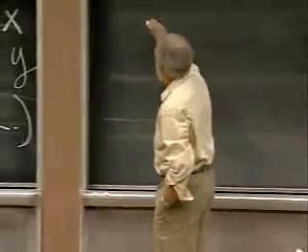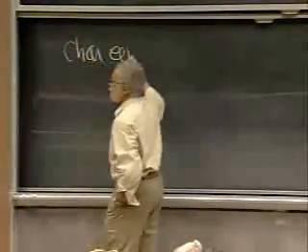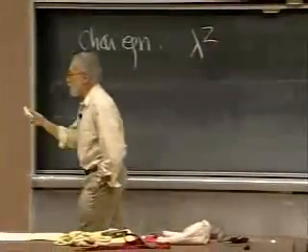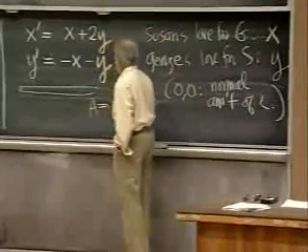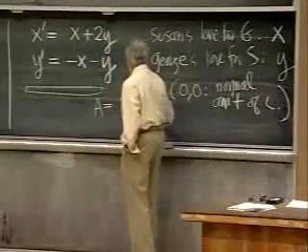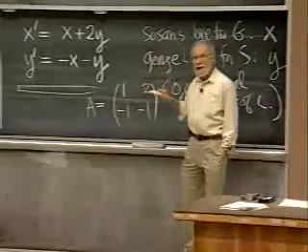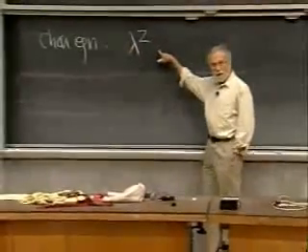Well, let's solve it. The characteristic equation is lambda squared. The matrix that governs this system is A equals [1, 2; -1, -1], right? The trace of that matrix, the sum of the diagonal elements, is 0, so there's the 0 lambda here.